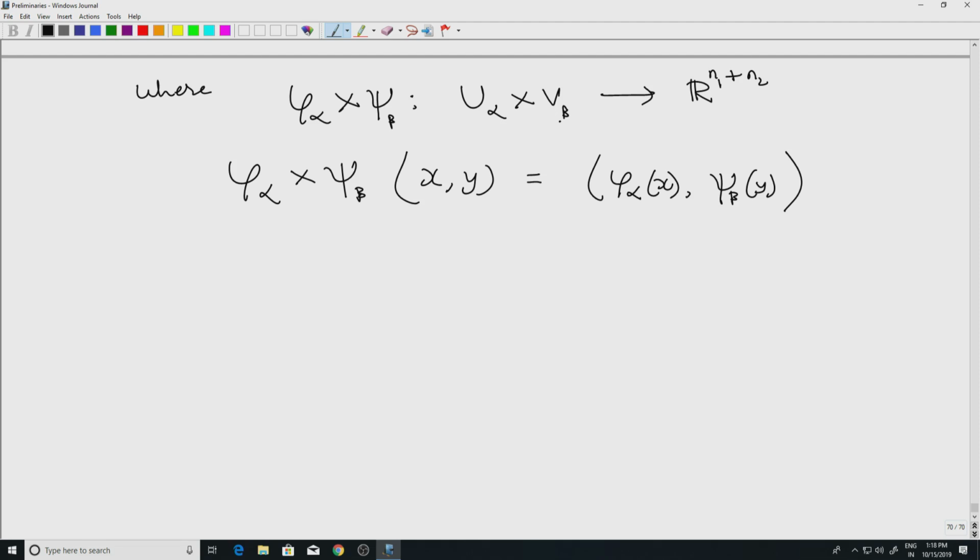So this is a point in R^n1 cross R^n2, which we naturally identify with R^(n1+n2).